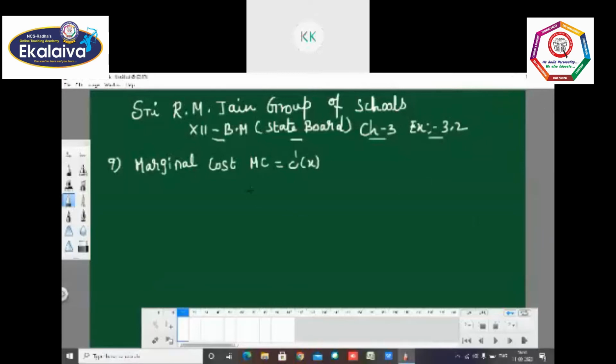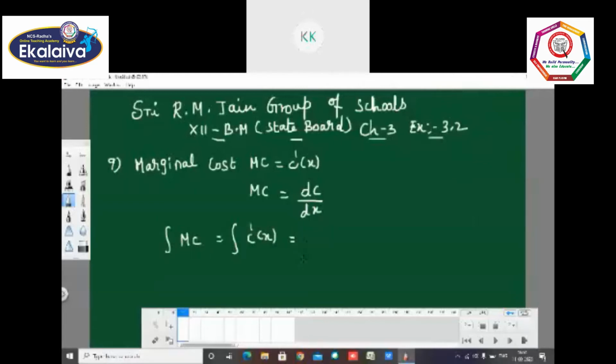Marginal cost equals dc by dx, the derivative of cost with respect to x. So, integral MC equals integral C dash of x. What is given?